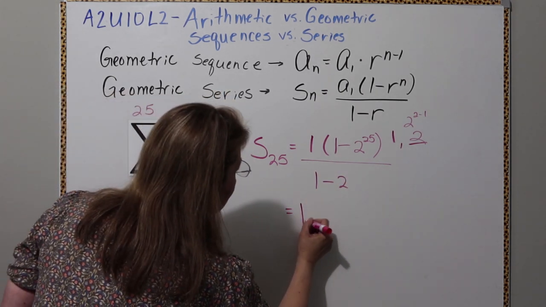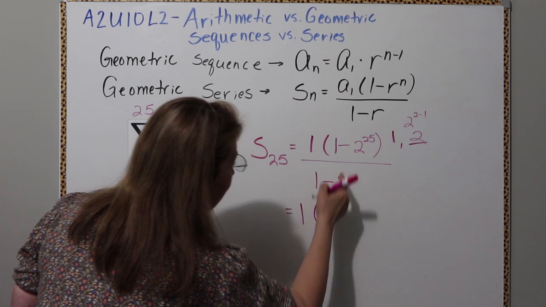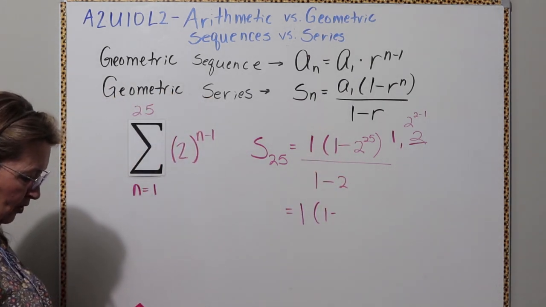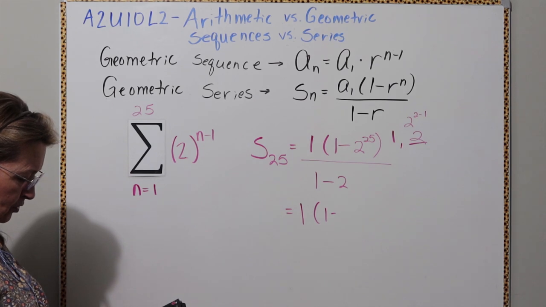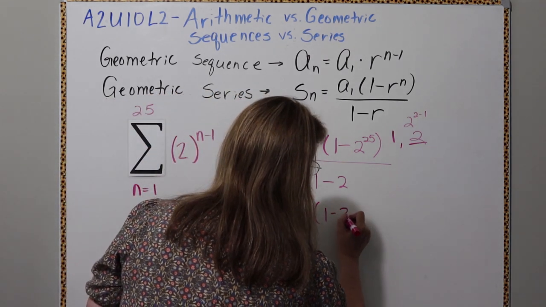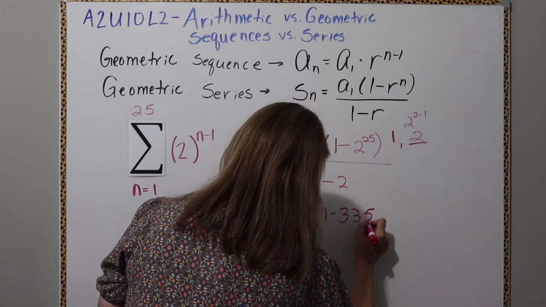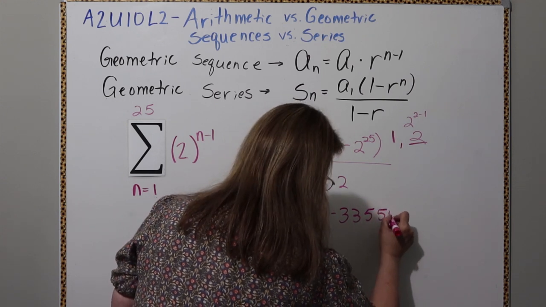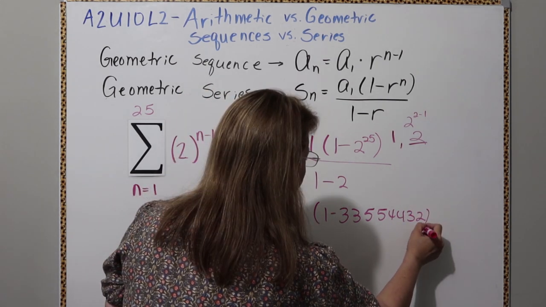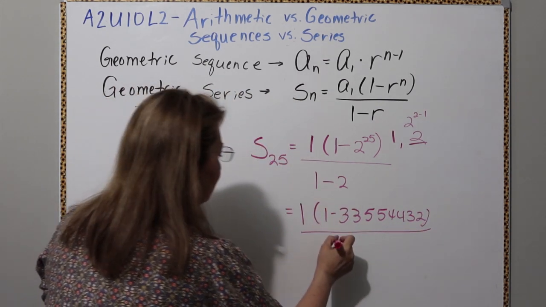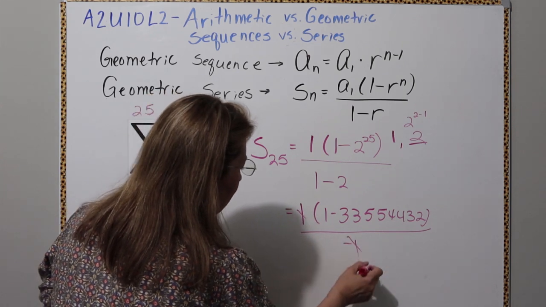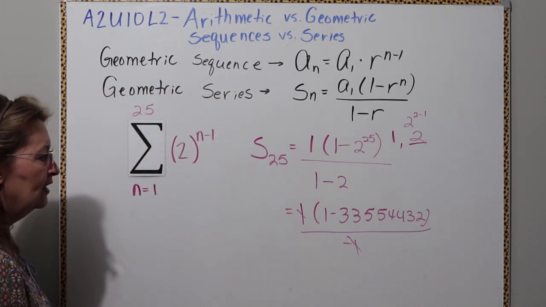Okay, so my first calculator problem here is going to be to find 2 to the 25th power. So 2 to the 25th is 33,554,432. All over 1 minus 2 is negative 1. So these two are going to be insignificant other than the negative number.